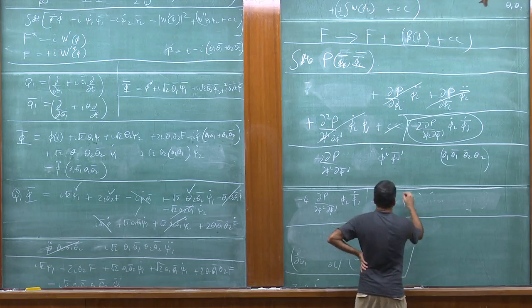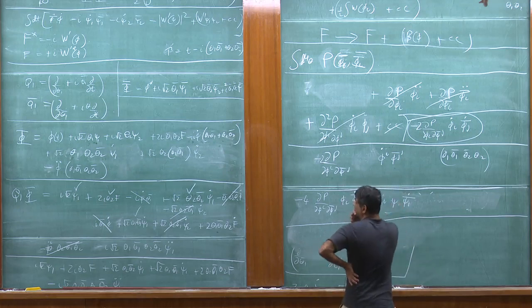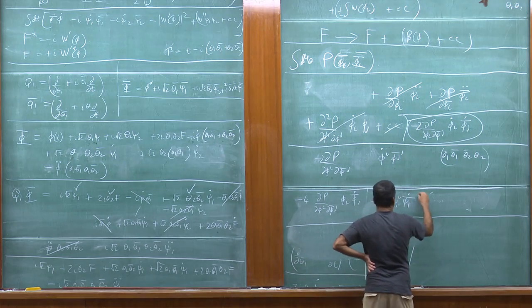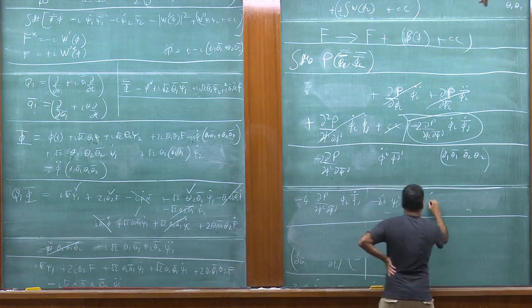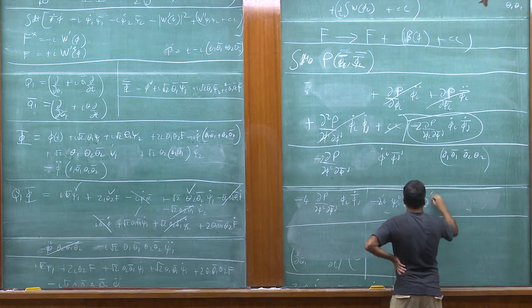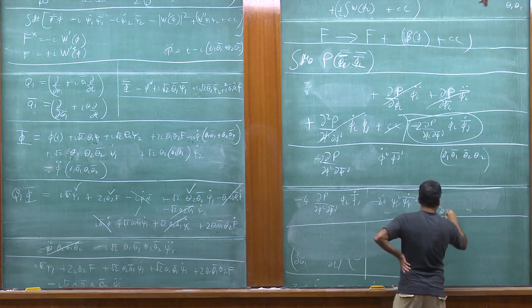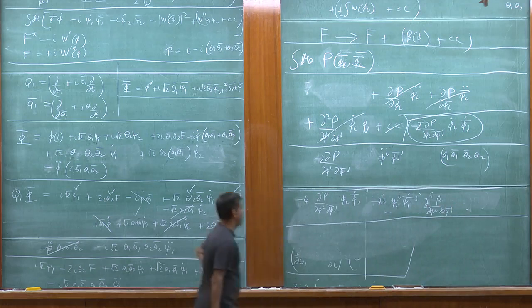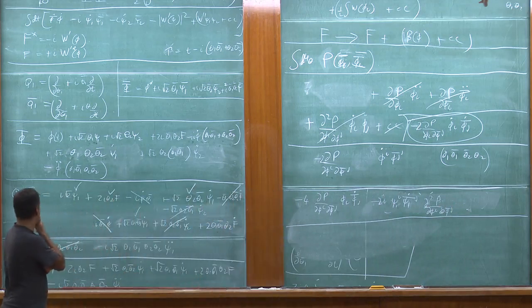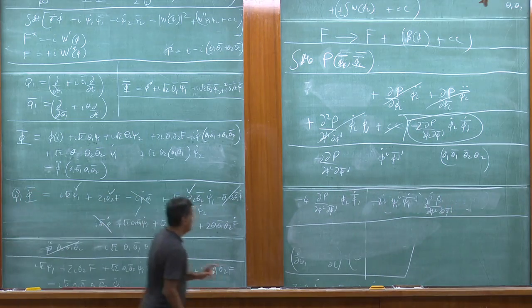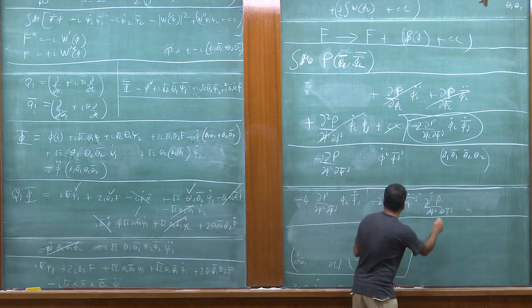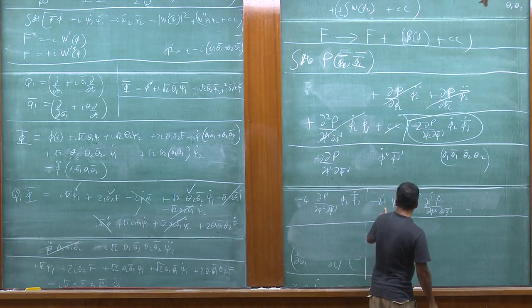Now we have to be a bit careful because we have ij, and this is d 2p by d phi I d phi bar j. Good? And there will be another term, I know.